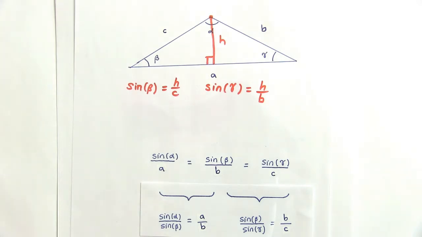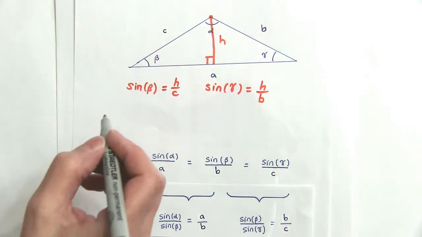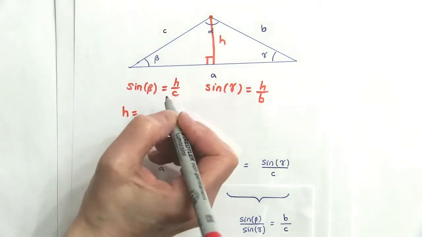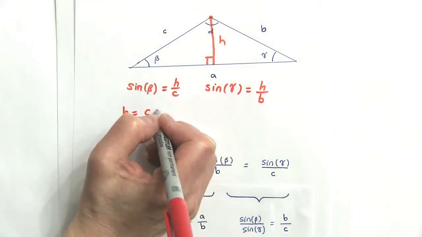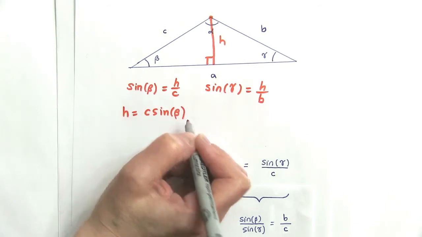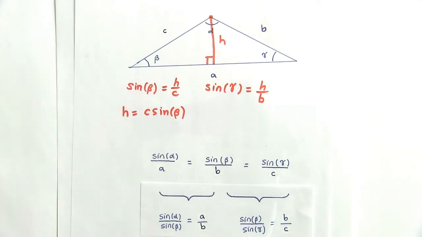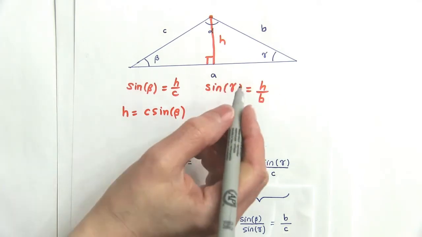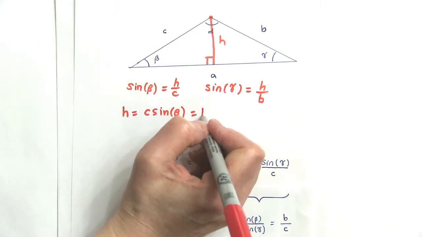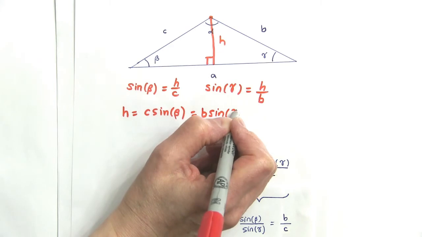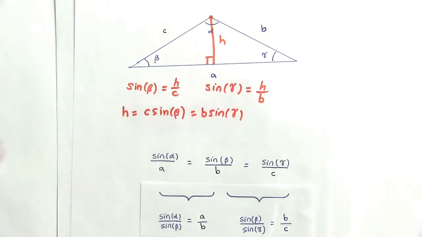And solving for h in these two equations, it gives us that on the one hand, h is c times the sine of beta from this equation, but on the other hand, h is b times the sine of gamma from the second equation.